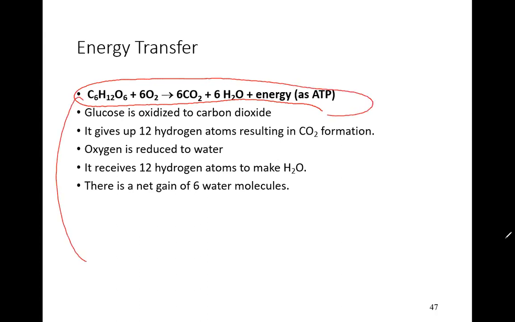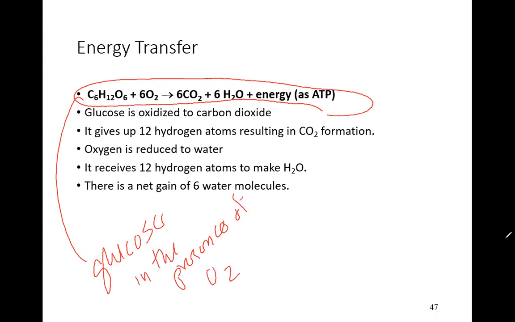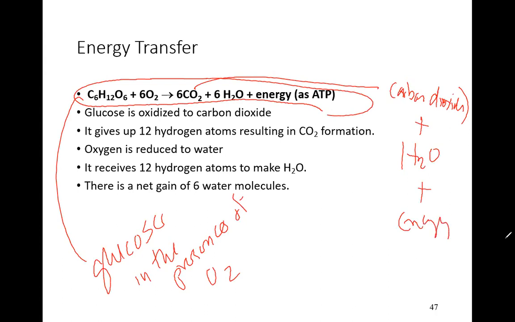glucose in the presence of oxygen will give you 6 carbon dioxides plus water plus energy.